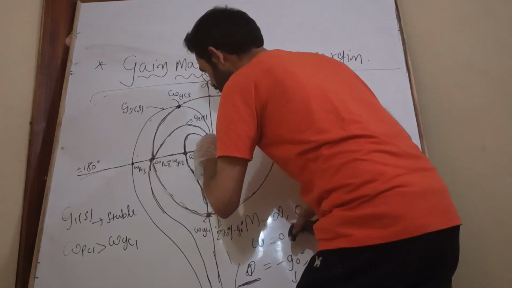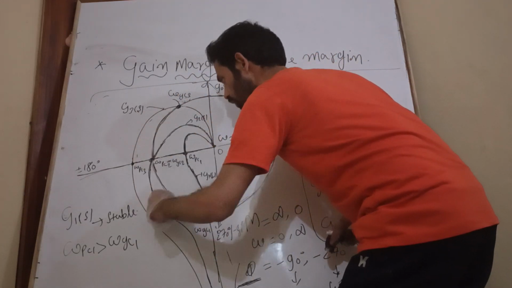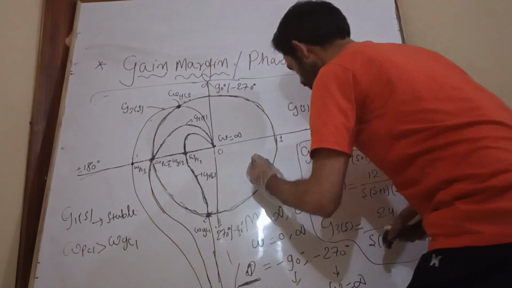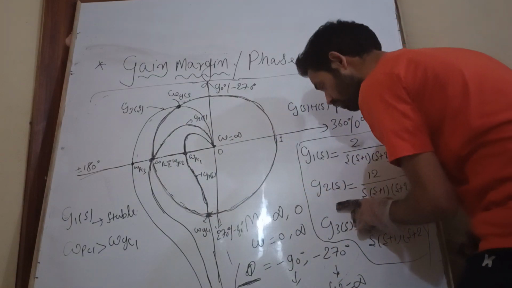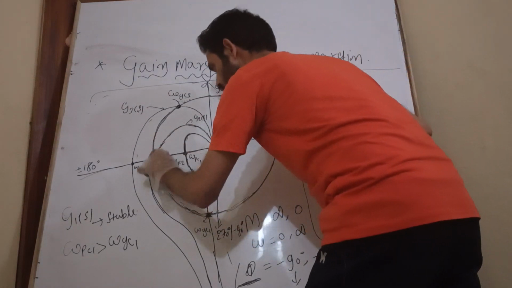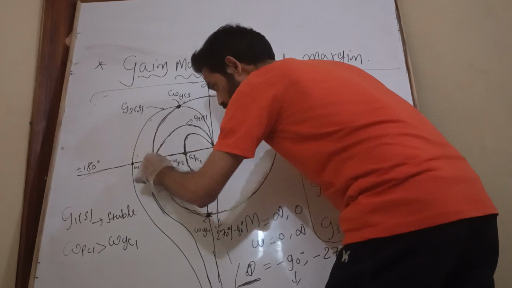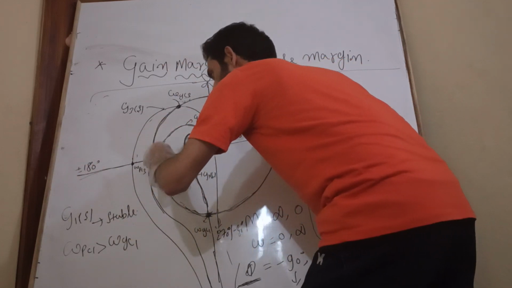As you are seeing here, this is my next curve. This plot belongs to system 2. For system 2, this Nyquist plot is cutting this unit circle and this real axis at the same point.